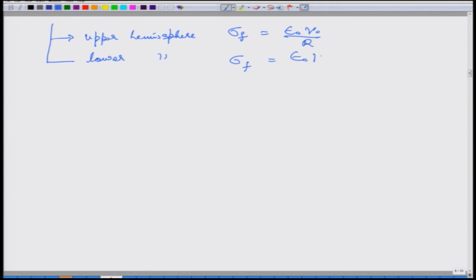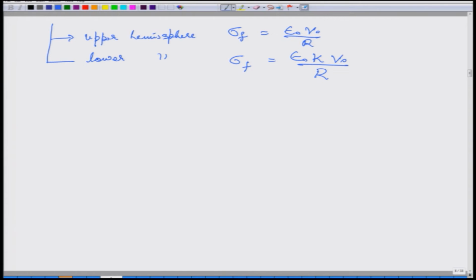So for this, in the upper hemisphere, this will be sigma f equals epsilon naught V naught by R, and here it will be sigma naught k V naught over R.